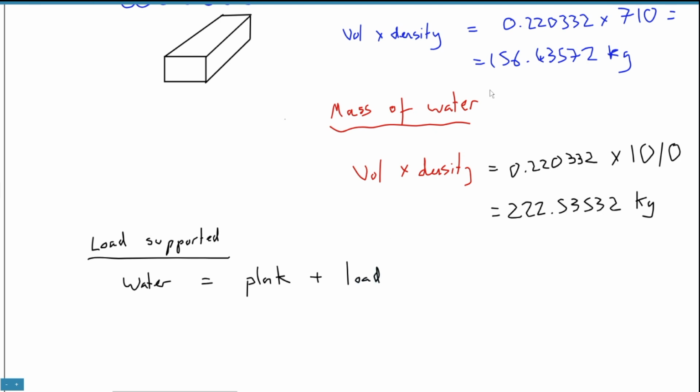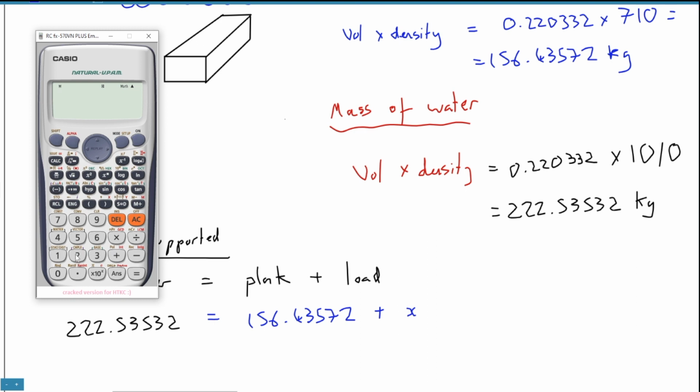Okay, so we've got the mass of the water is 222 kg. We've got the plank, it's 156. So we just minus these off. The load is unknown, but I'm just going to minus them off. I got the answer in my calculator already: 222.53532 minus 156.43572 is 66.